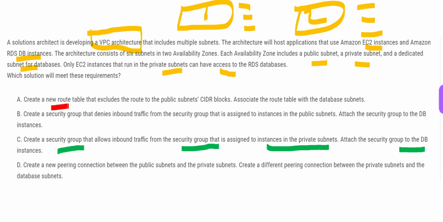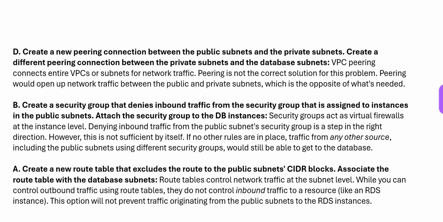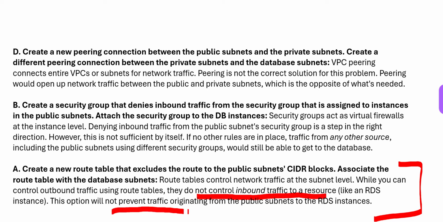It is effective for outbound traffic. So read this one: they do not control outbound traffic to a resource. This option will not prevent traffic originating from public subnets to RDS instances. That's why this is wrong.